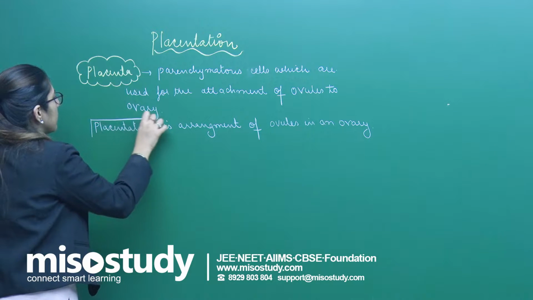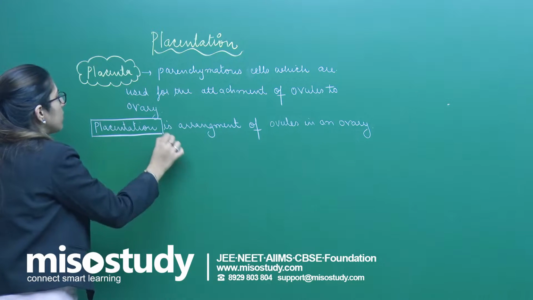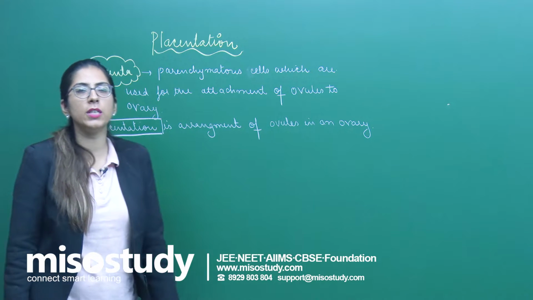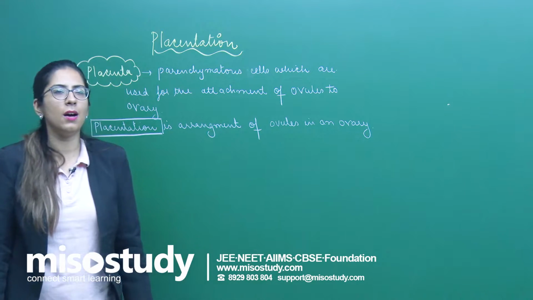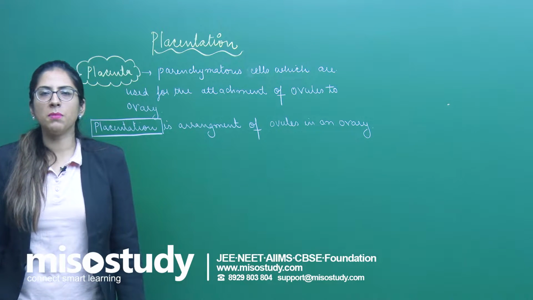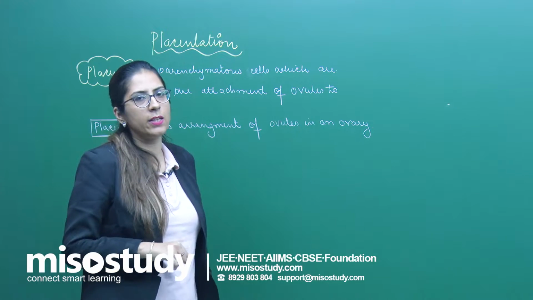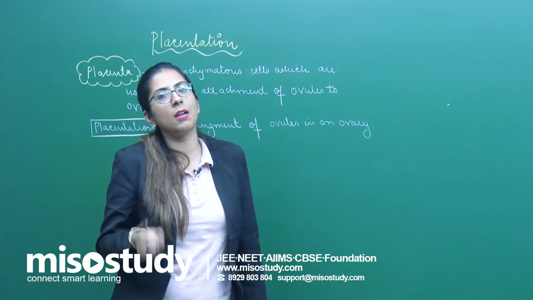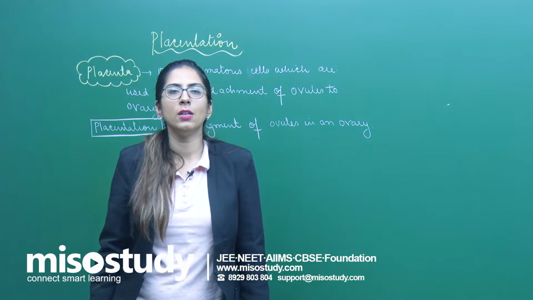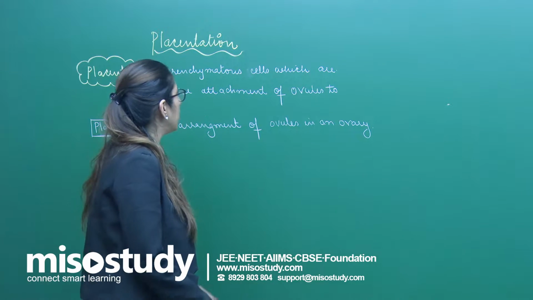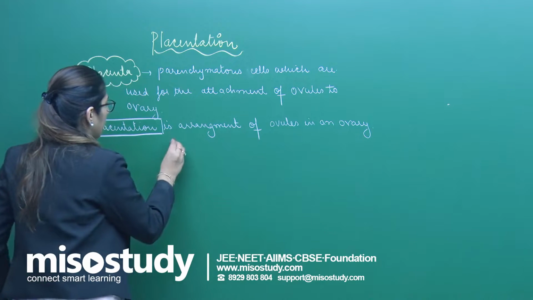Now, there are various ways of placentation. I mean to say there are various ways by which these ovules are placed in an ovary, right? Sometimes a single ovary is present, sometimes multilocular ovaries are present. Sometimes syncarpous condition is seen and sometimes it is not.